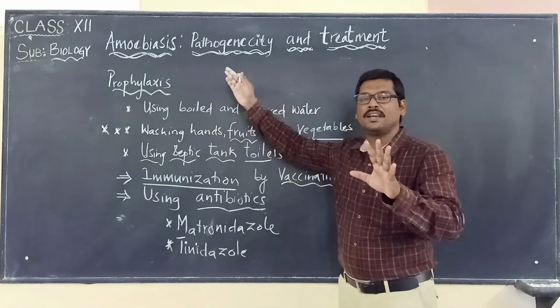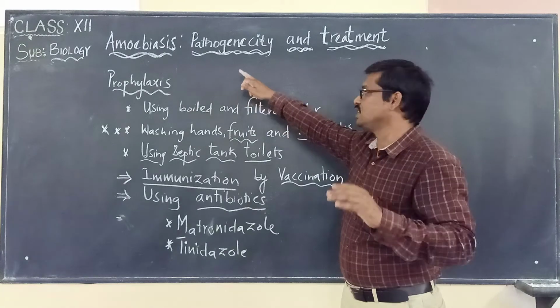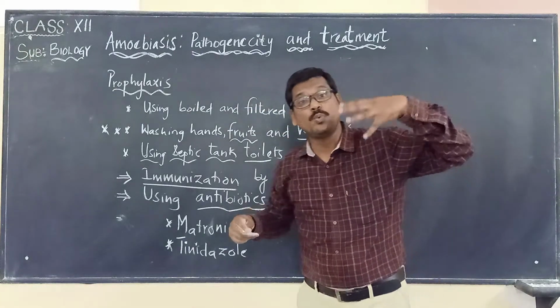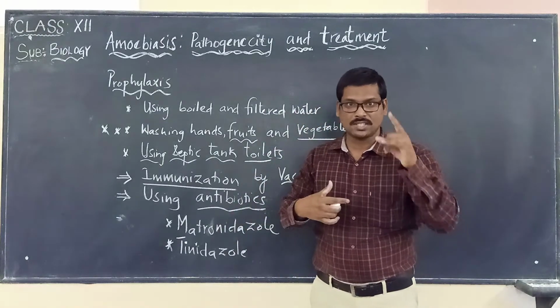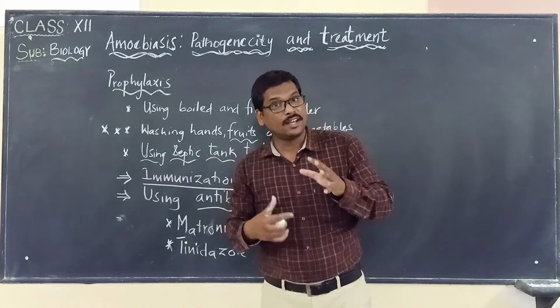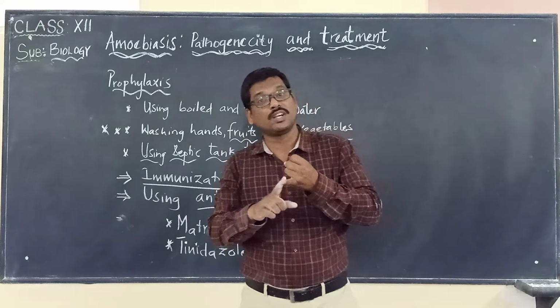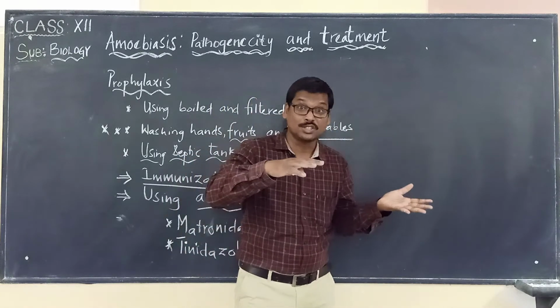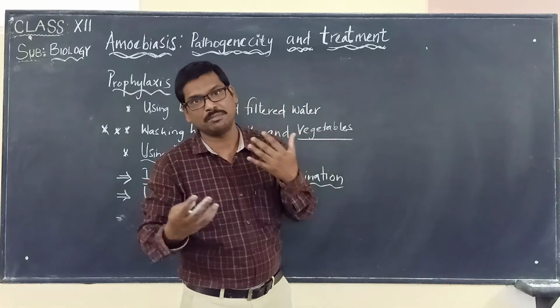So here today we learned about amoebiasis, pathogenicity and treatment. How it is attacking the digestive system, that is the large intestine, and causing blood with mucus stools, and again we have seen how it also attacks other organs when it becomes severe.